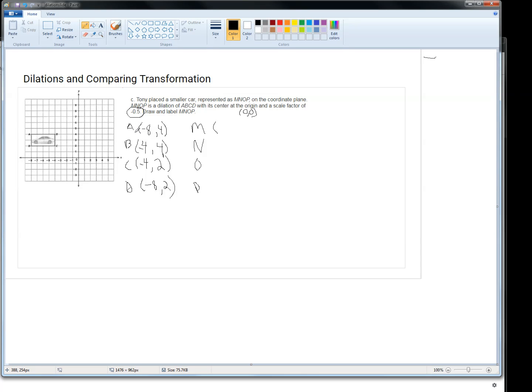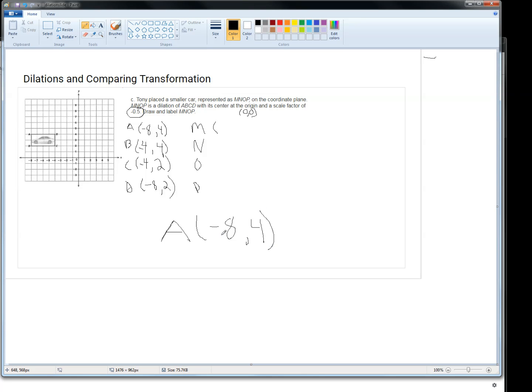So let's start with a point A. A had an x value of negative 8 and a y value of 4.